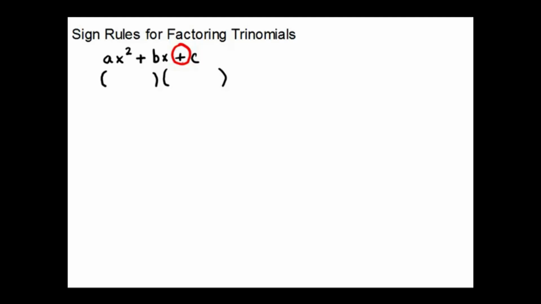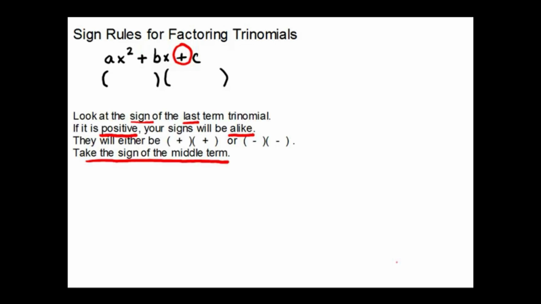Now, we don't know which they are, so we have to look back then and take the sign of the middle term. So for this problem, we look at the last sign. It's a positive, so it says our signs are going to be alike, either plus plus or minus minus. We have to look back to the sign of the middle term to decide. For this situation, we're going to have both positive signs.